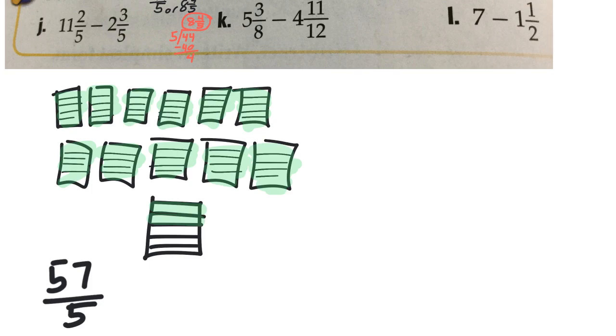Remember the shortcut would be 11 times 5 is 55. 55 plus 2 is 57 over 5. You did what? 11 times 5.